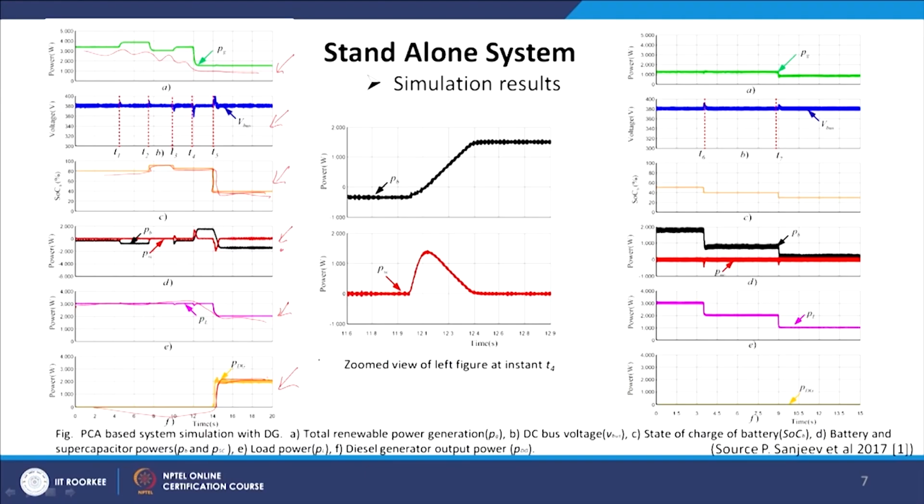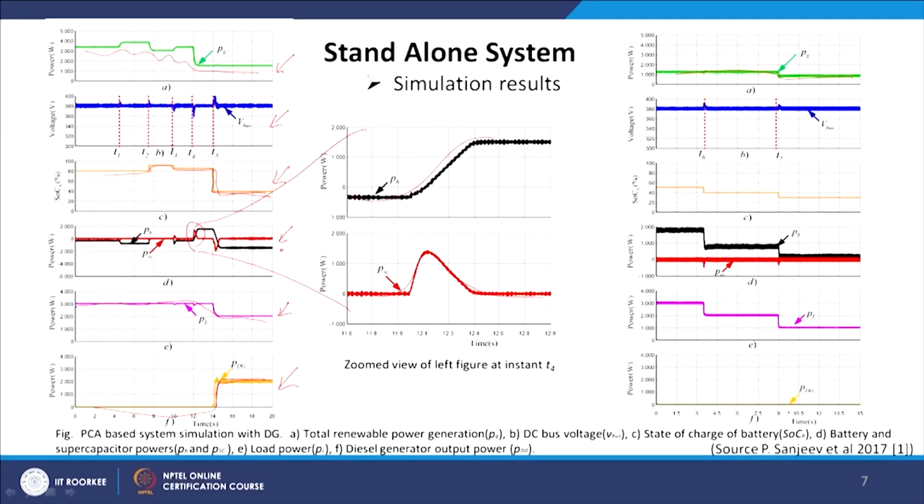If this characteristic is zoomed in to this picture, we can see how my supercapacitor and battery behave during transients. And this is one more characteristic where the power is varying, and the voltages, the SOC of the battery, supercapacitor power characteristic, load power and my diesel generator.